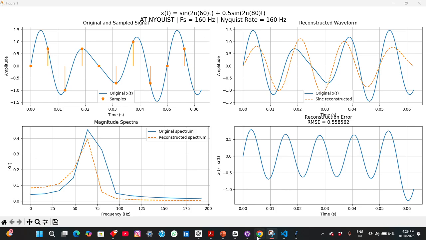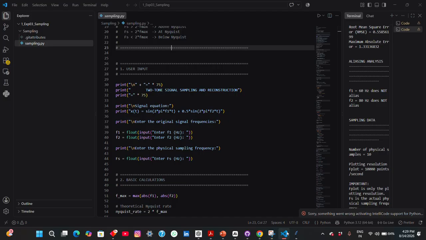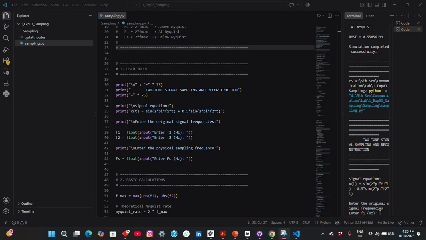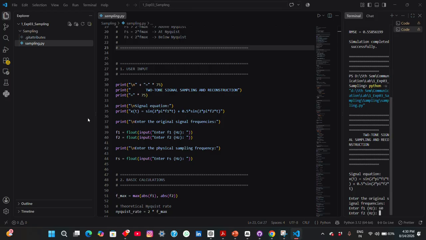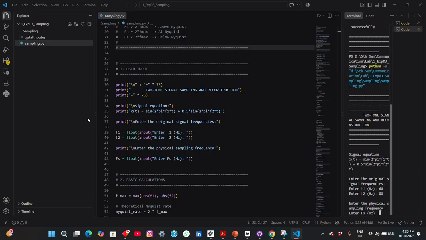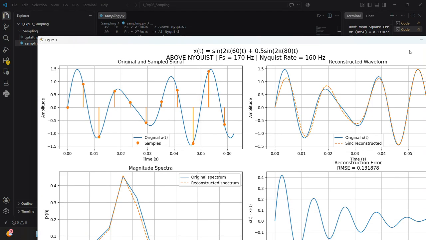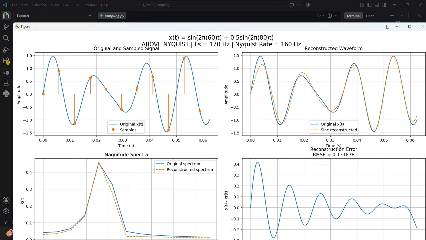Now let's run this code again. We are taking again the same frequencies, 60 Hz and 80 Hz. Now let's take a sampling frequency of 170 Hz. So this is the output we will get.